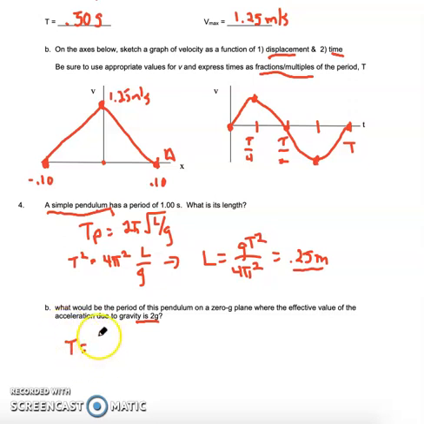So this is going to be equal to 2 pi radical 0.25 all over 2 times 9.8. Do the math and you get 0.71 seconds. So it's shorter because gravity is stronger and it gives us a greater restoring force.